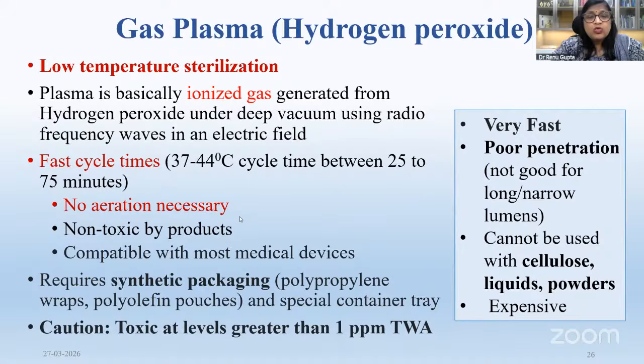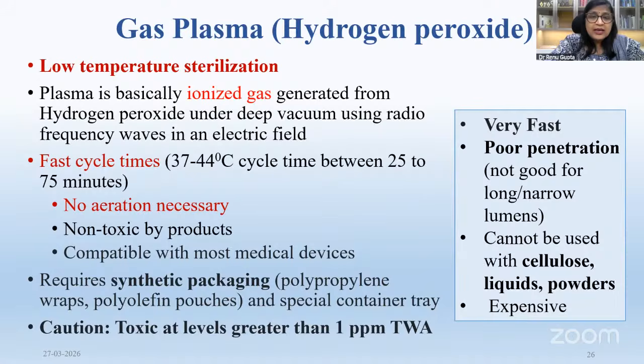One very good thing, you do not need to aerate it. Non-toxic byproducts, it is not toxic as ETO, but the problem is it has poor penetration. ETO had very good penetration, so gas plasma is not good for long or narrow lumens. If it is a small device or a long device, you cannot use it.